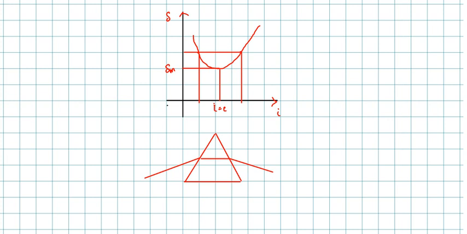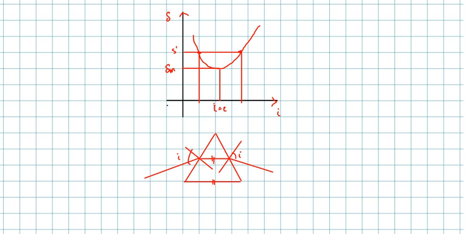So, this one and this one are parallel, because these are the normals, this is i, this is also i, and you see delta equals i plus i minus A. We will look into this relation in a future video, but for now you can see this is the graph of delta versus i. So, you can see now why for every two angles of incidence there is only one delta.